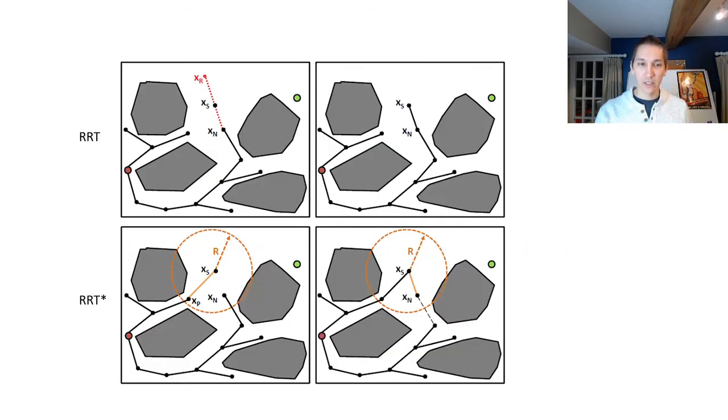So the general idea is that rather than connecting only the nearest point towards the new random sample, we can create that extension and then try to look for nodes around that newly extended point to try to rewire the tree to find the shortest path to that point. With this rewiring step, we can then retain asymptotic optimality.